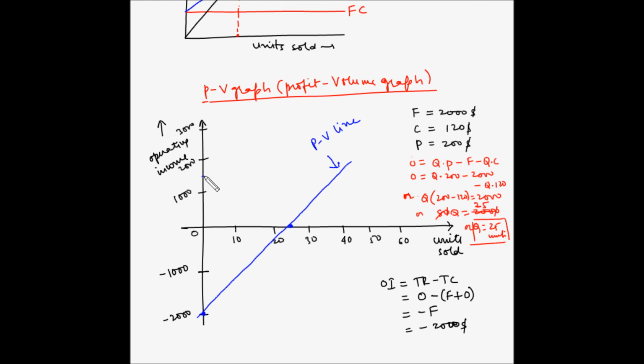From this point here, which represents $1,500 of operating income, we can draw a line which touches the PV line, and then we can go down and get the number of units to be sold. Now again, this graph is not to scale, so it is not accurate, but this is how you can get the number of units to be sold based on the targeted operating income.